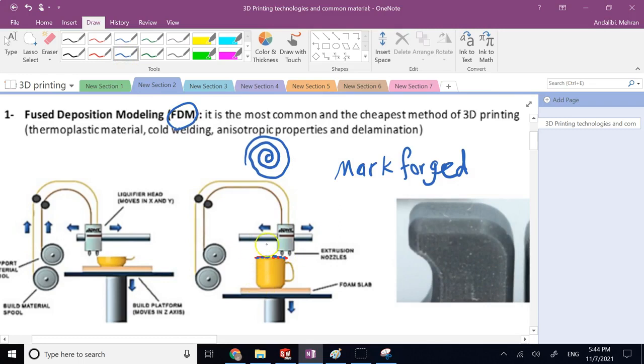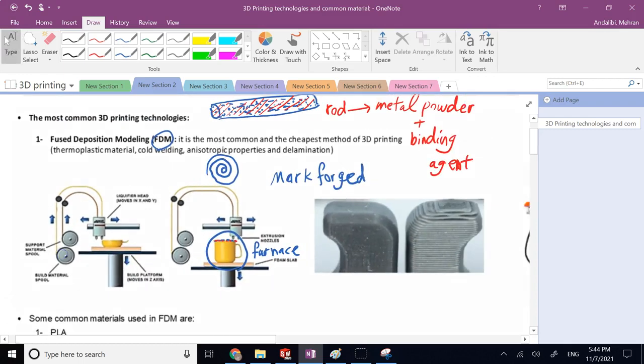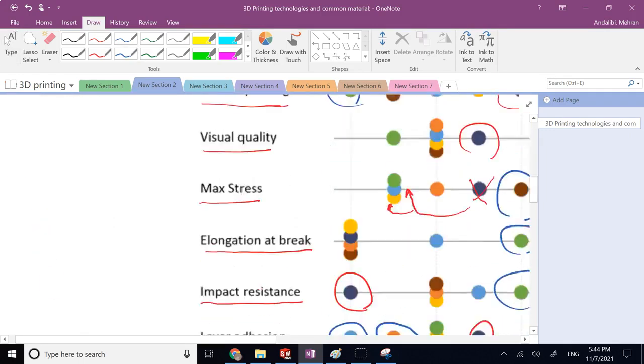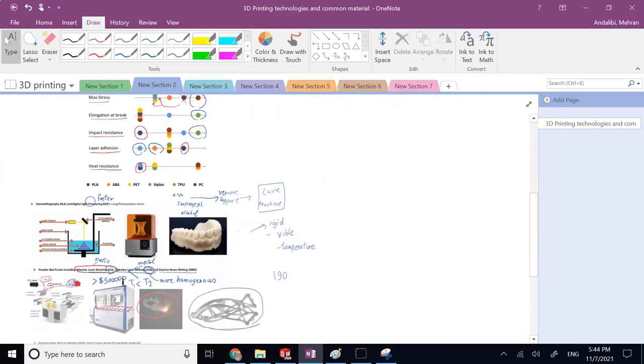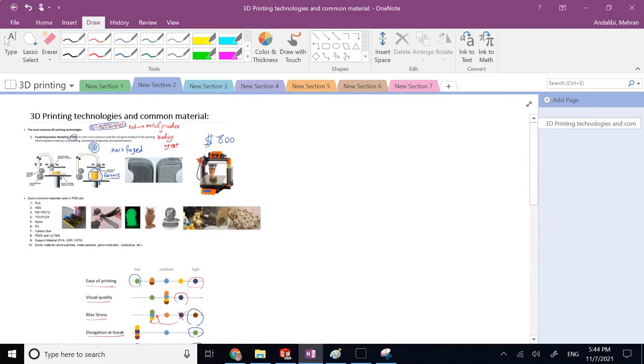So now you have a physical part that is a lot of binding agent and a lot of what? Metal powder. And then they put it in a furnace. Most of the times the furnace is also a part of the printer. So many times you see the printers of these FDM metal printers to be as large as your SLS printers. They are big printers.